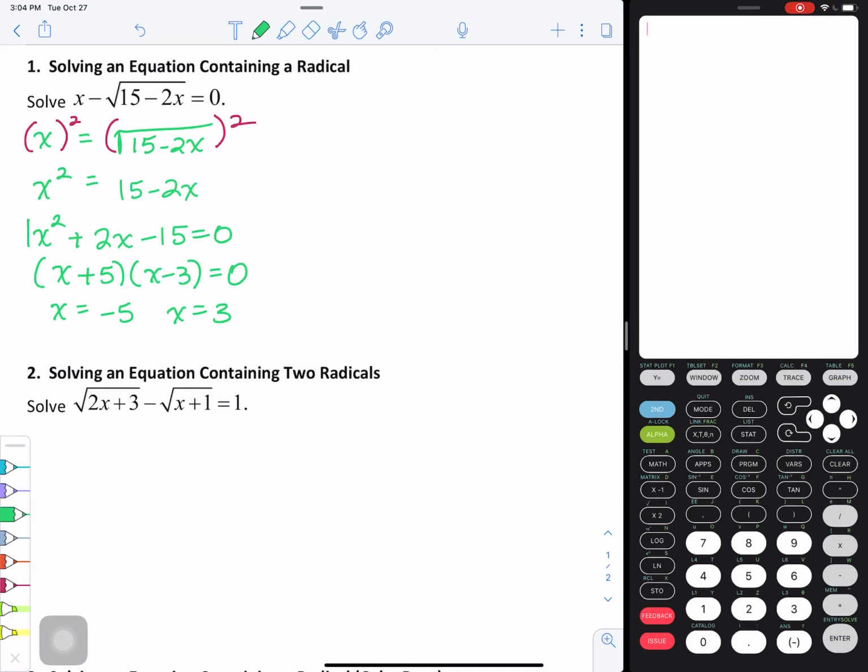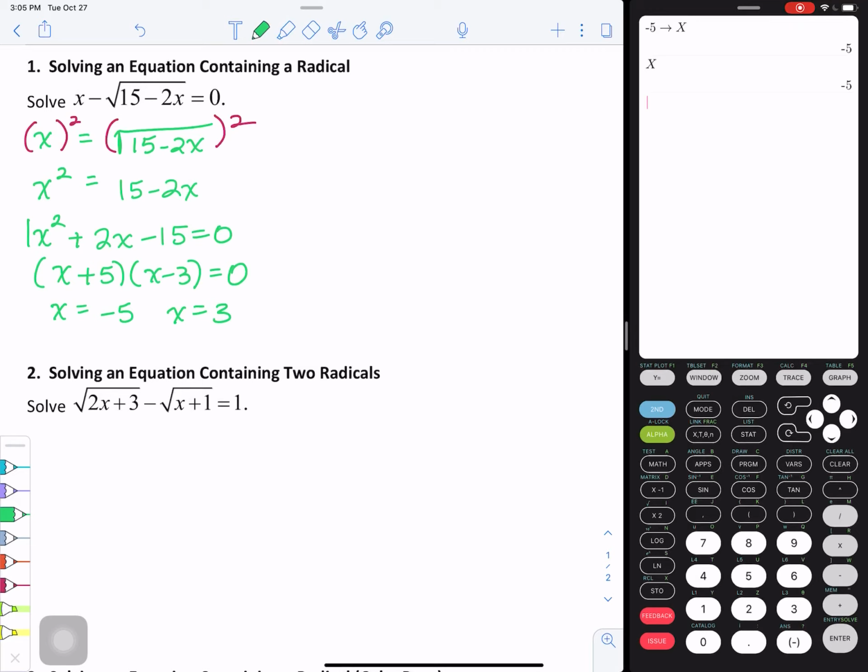So let's go ahead and put these in our calculator and see if they make the equation true. So let's first go ahead and plug in negative 5. So negative 5, store as x, and press enter. Now every time you press x, negative 5 will show. So your calculator at this point thinks x is negative 5.